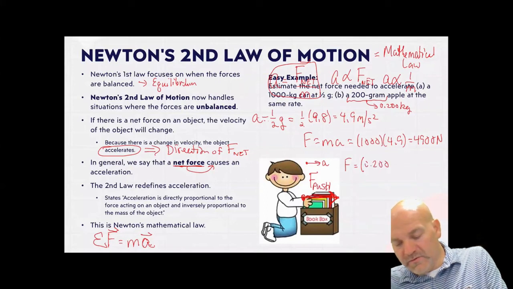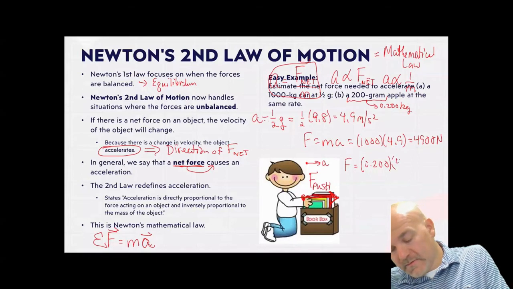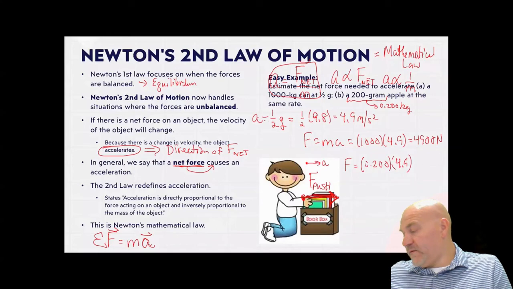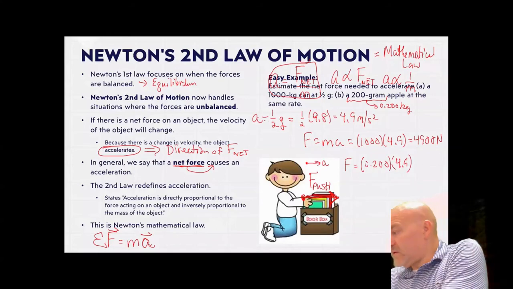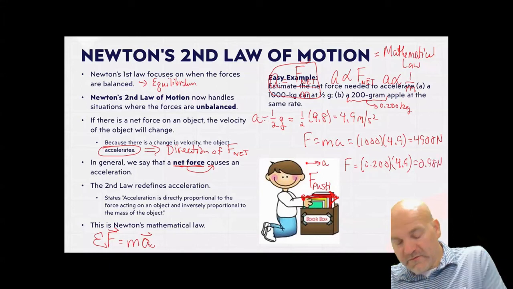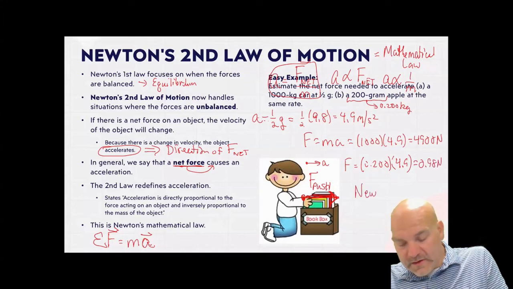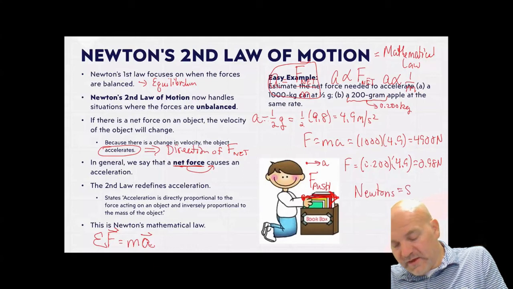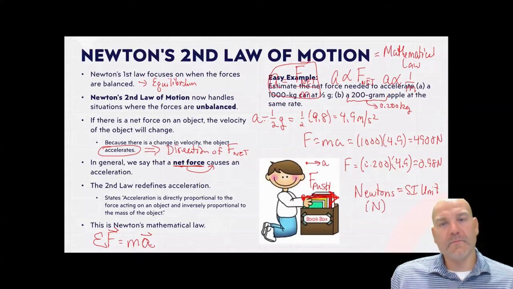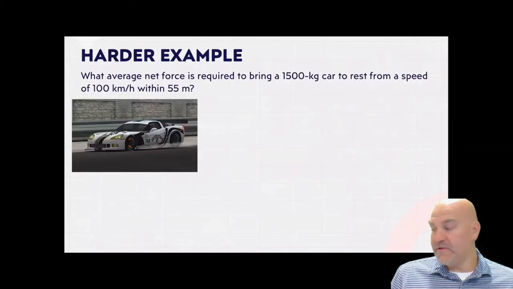We multiply 0.200 times 4.9, and we get an answer of 0.98 newtons. One thing to note that I didn't point out: the newton is the SI unit for force. We abbreviate it with a capital N, and yes, it is named after Sir Isaac Newton. So that's just an easy example.